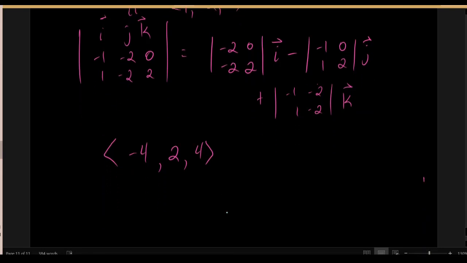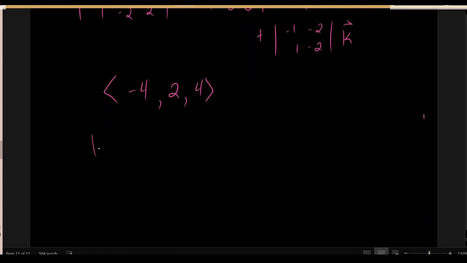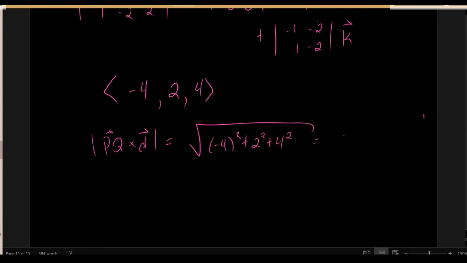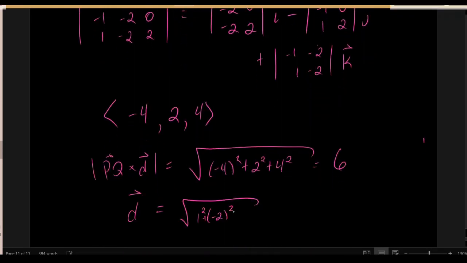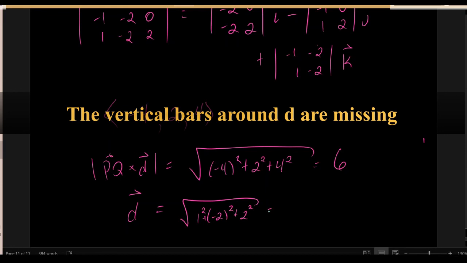So to finish this out, let's find the length of the cross product, which is just the square root of the squares of the entries. 16 plus 16 is 32, plus 4 is 36. Wow, exactly 6. And the length of the direction vector D is the square root of 1 plus 4 plus 4, so 1 plus 4 plus 4 is equal to the square root of 9.